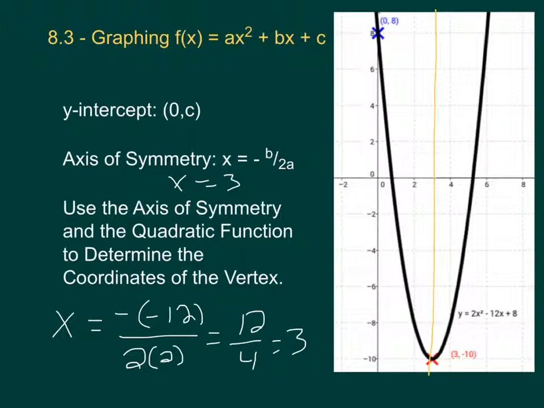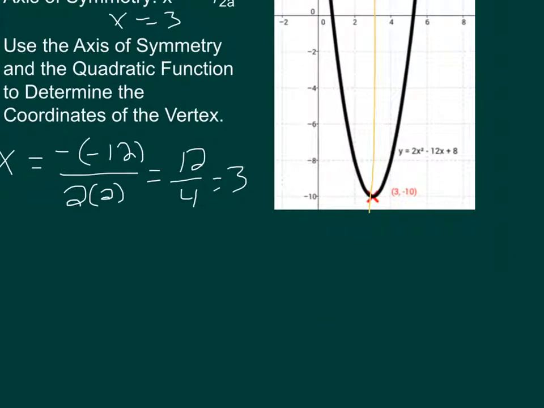Since we have x equals 3, we could plug that into our equation to determine what the coordinate would be for y at the vertex. In this particular case, I'm just going to plug in y equals 2 times 3 squared minus 12 times 3 plus 8. Now I just go ahead and simplify this.